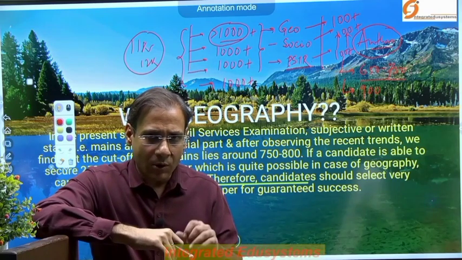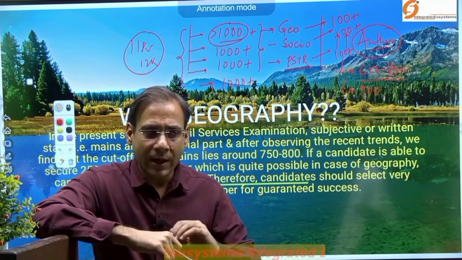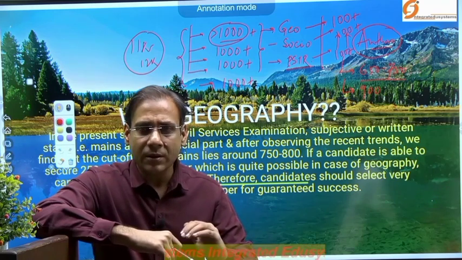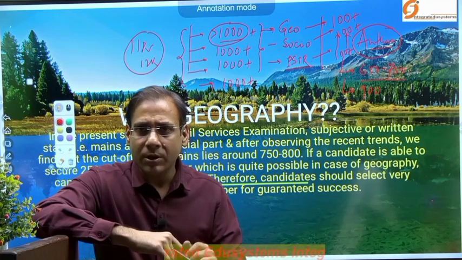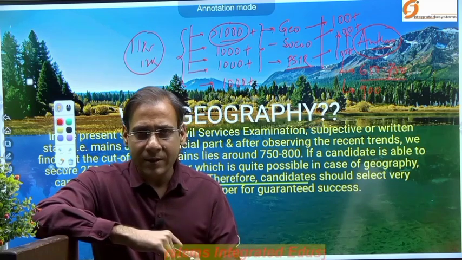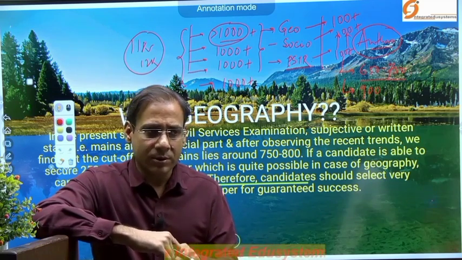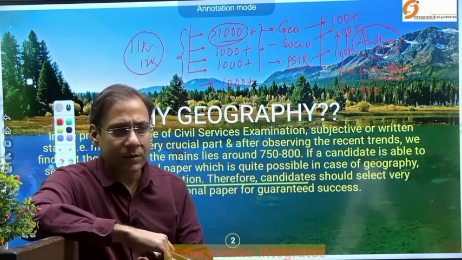So how can you opt for a subject as an optional? Look at first the trends and the nature of questions, the demand of examinations, your understanding of that subject, and of course the syllabus. Here these subjects are performing well.